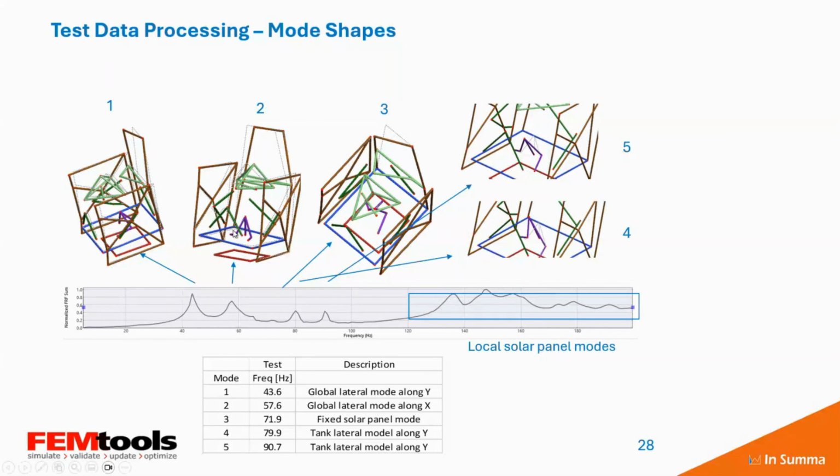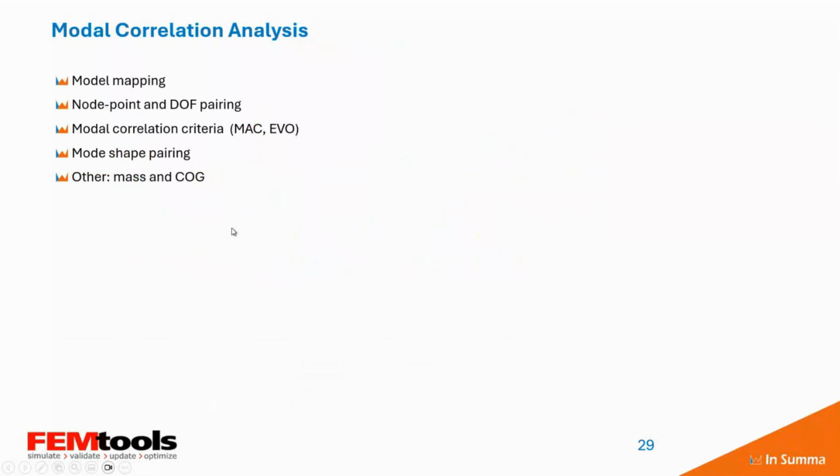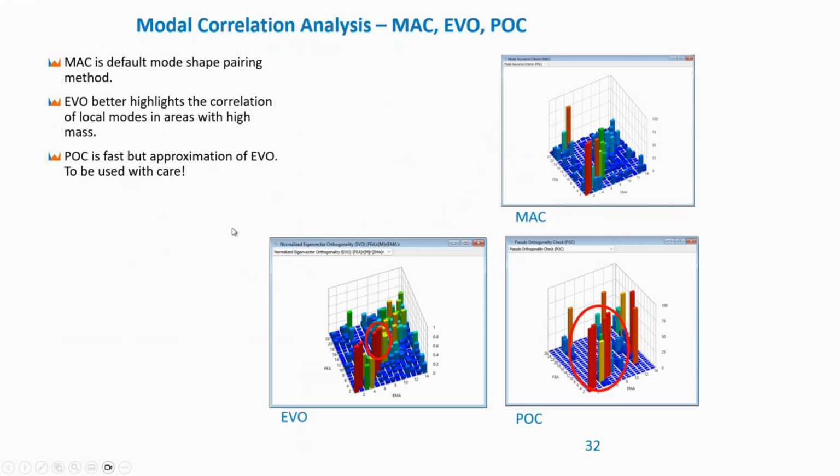So the next step is to identify how we can use this to update and get a better correlation. And here as well, we also have the major differences, as I showed in the demo, between the MAC, the EVO, and the POC. The POC is a fast approximation of the EVO, and here we can identify the two local modes, or get a better correlation for the local modes of the tank as well.